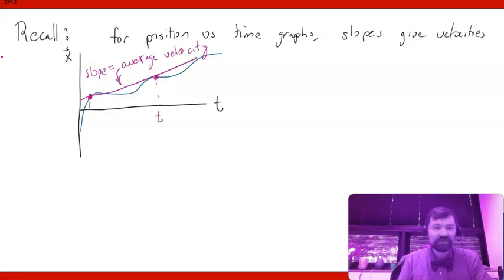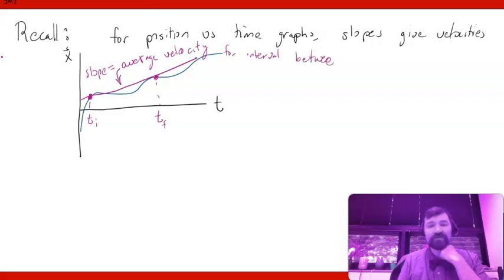So this might be time final and time initial. This is the average velocity for the interval between the initial and final times, t_i and t_f.